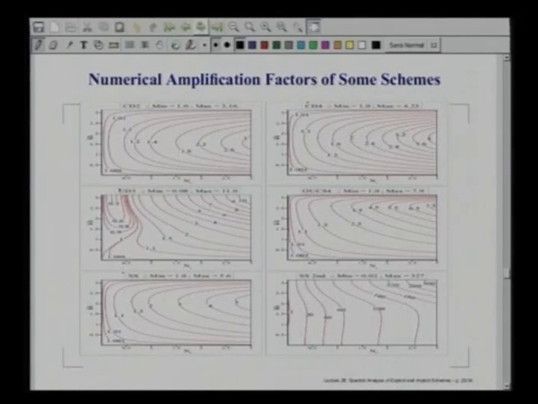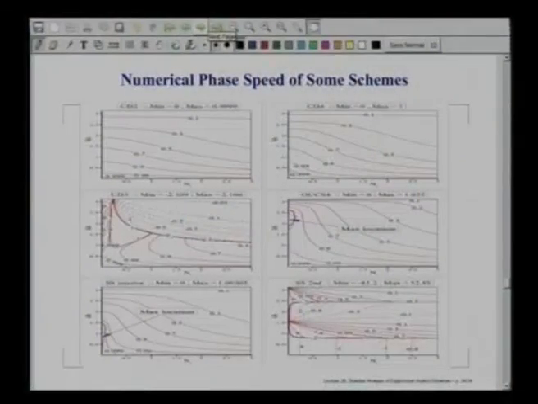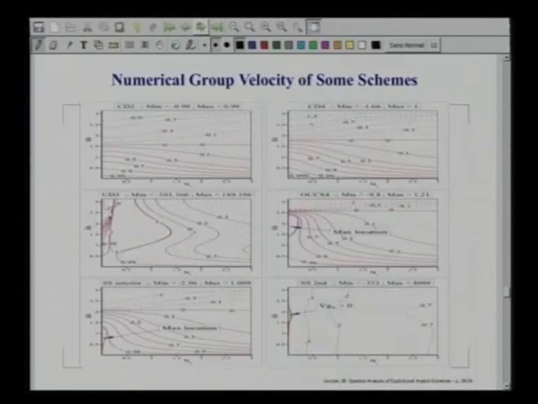In the same way we can work out the expression for Cn by C, and the expression for Vgn by C. So, this is your phase speed representation, and here you have the group velocity representation.